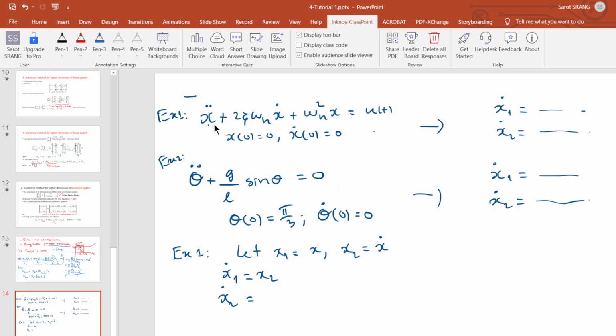So you can get h double dot from here. H double dot equal to what? Just move everything to the right hand side. Then you can have minus omega n square h1 minus 2 zeta omega n h2 plus u of t. Okay. So here is the form, it has the form h dot equal to f of h and t, right?